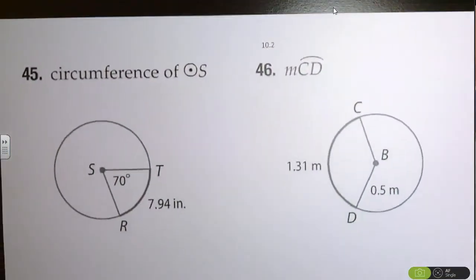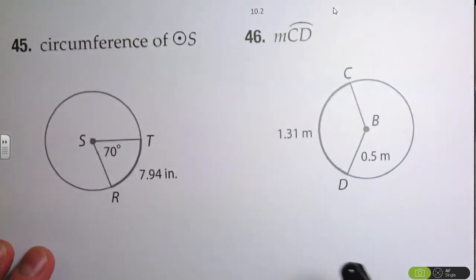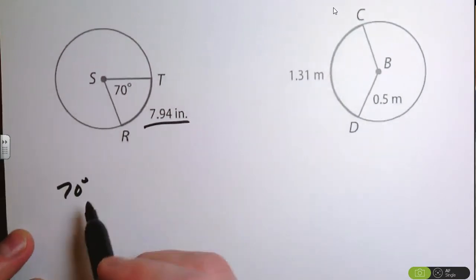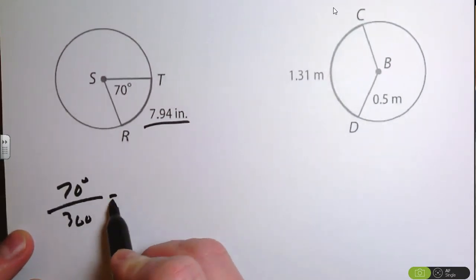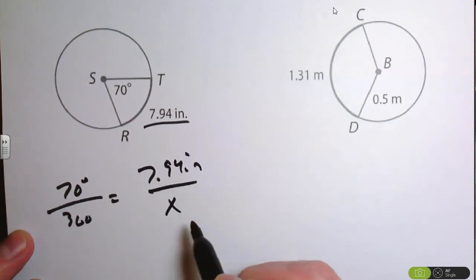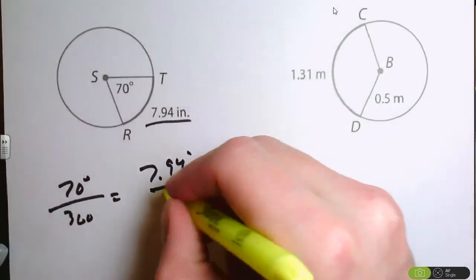Last problem. You're trying to find the measure on 45 of the circumference. So this is a case where it's nice to use that proportion, because here's the deal. I know I have 70 degrees out of the 360. 70 degrees gives me 7.94 inches. My question is, what's the whole circumference? So what I can do then is just cross multiply and solve. It's just a proportion at this point.